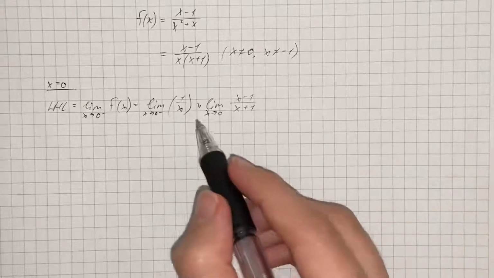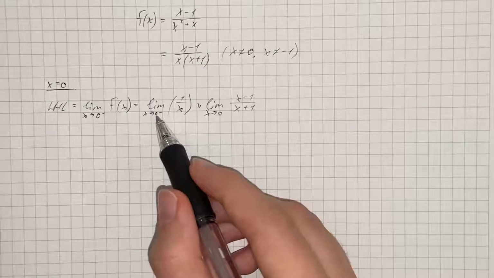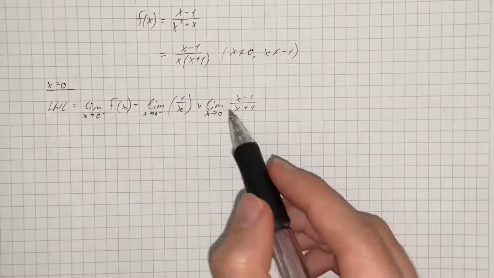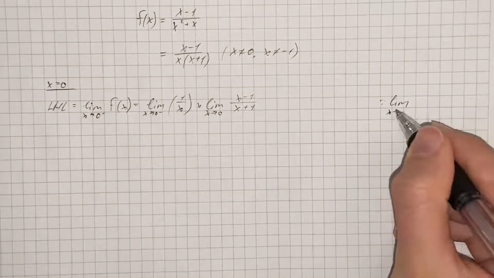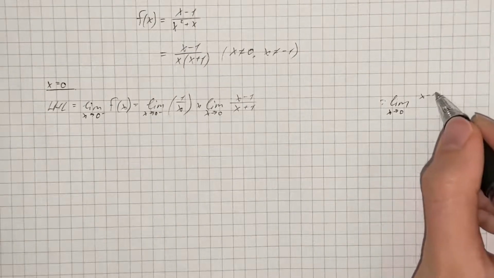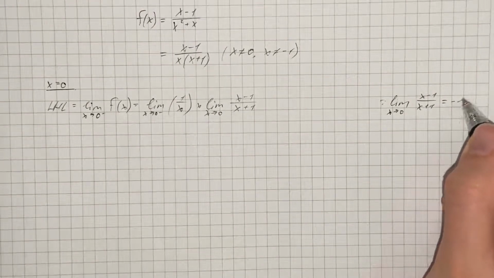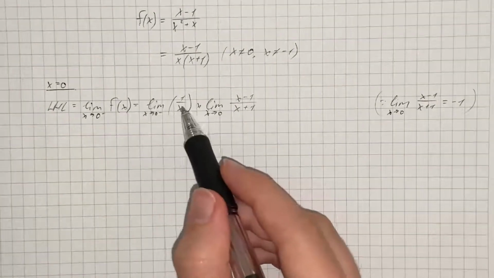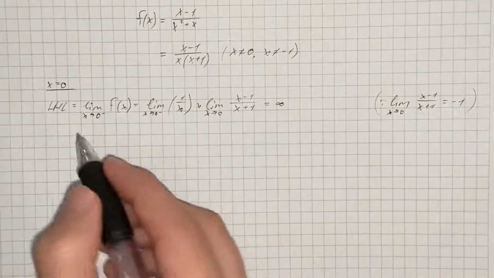If we substitute x by 0 minus in the first limit, we get negative infinity, and the limit as x approaches 0 of (x minus 1) over (x plus 1) equals -1. So we multiply negative infinity by -1, therefore we get infinity.